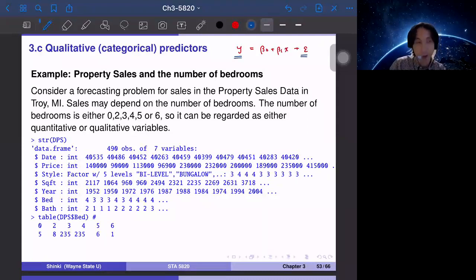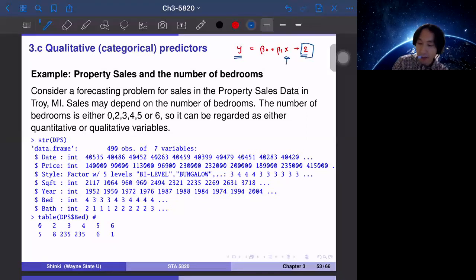If y is not continuous, for example, y is a discrete variable with 5 levels, 1, 2, 3, 4, 5, then we cannot assume epsilon is normal.